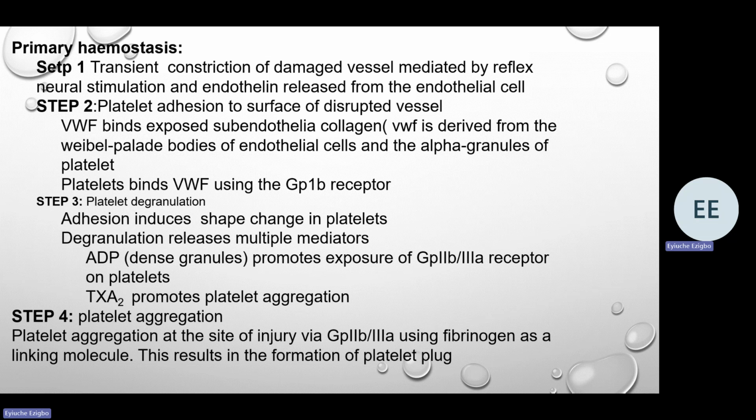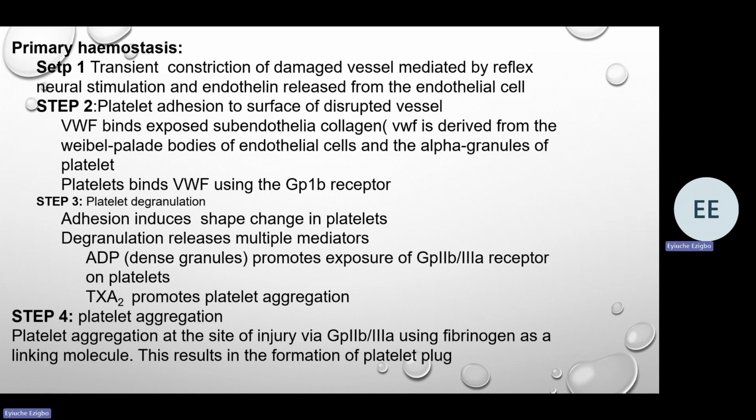The first step in primary hemostasis is the transient constriction of the damaged vessel wall, mediated by reflex neural stimulation and endothelin release from endothelial cells. The second step is platelet adhesion to the surface of disrupted vessels.